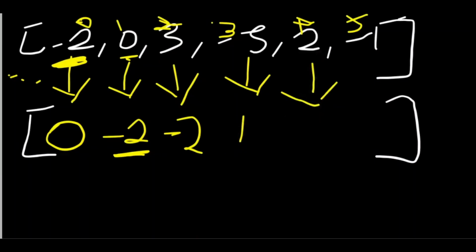Next we move to the fourth index, and the sum before it is going to be -5 plus 1, which is -4. And then we move over to this one, and the sum of all the numbers before it is going to be 2 minus 4, that's -2.